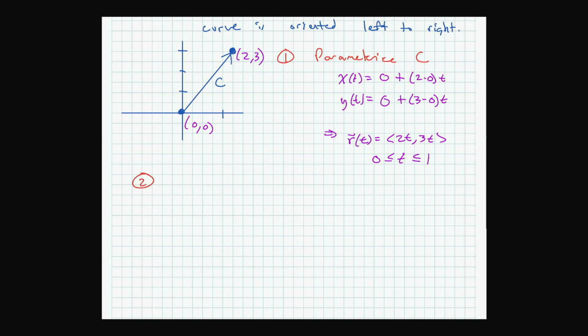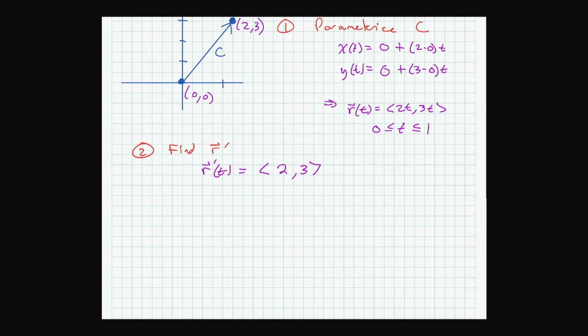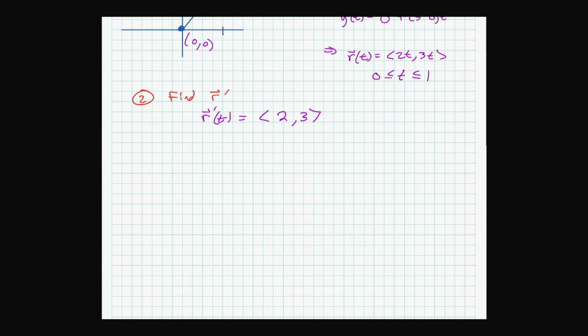The next thing we need is r prime. R prime is going to be 2 comma 3. All right, now what's that say about n? So n is either 3, negative 2, or negative 3, 2, right?